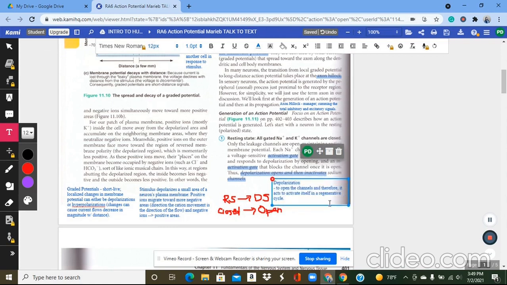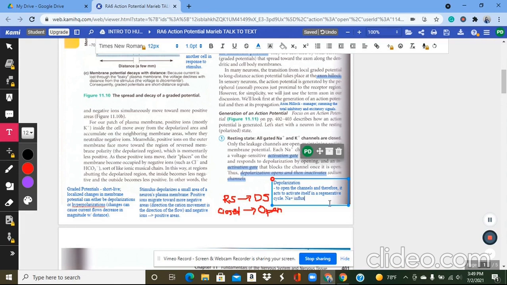So yeah, what I mean by that is that sodium influx depolarizes the membrane, which opens more channels, which depolarizes the membrane more.